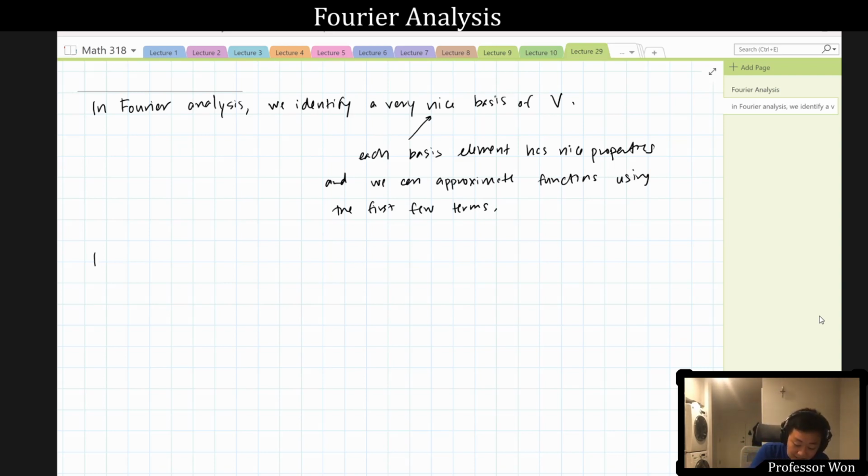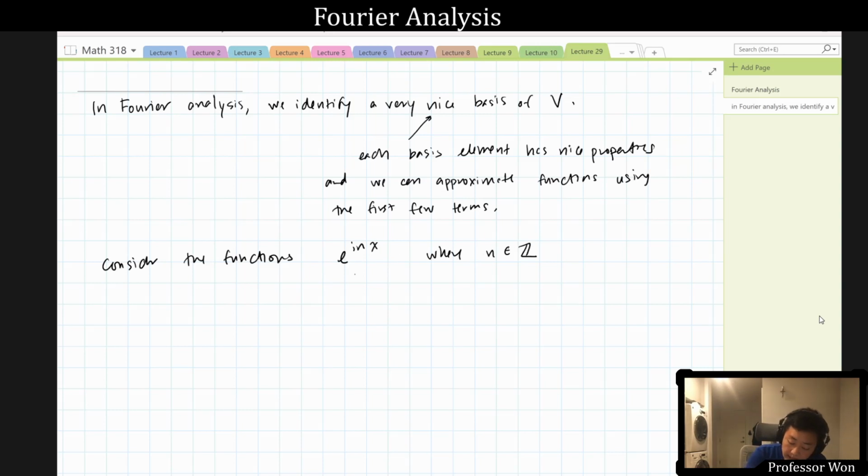Okay, so I guess I should just tell you what our basis is. So here's the definition. We're going to look at the function e to the i n x, where n is an integer.